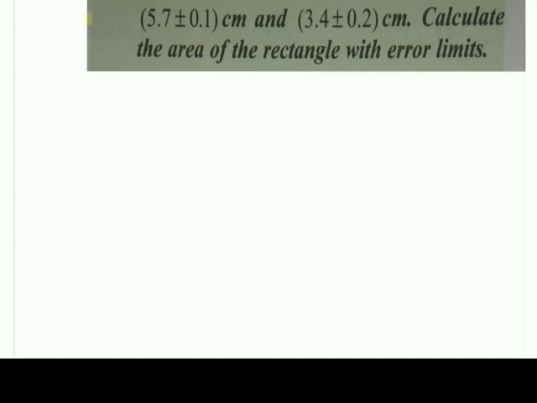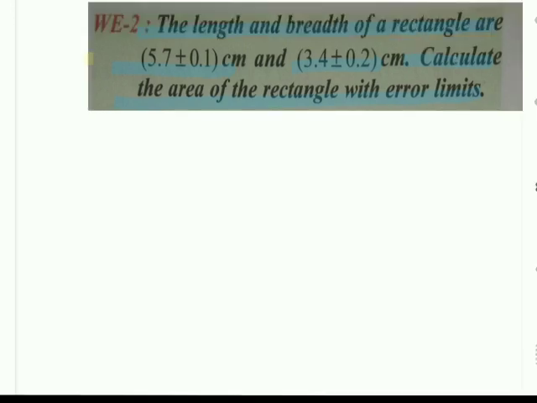The length and breadth of a rectangle are given here. Calculate the area of the rectangle with error limit. He is asking for the area of the rectangle with error limit. The area formula: A is equal to length times width.